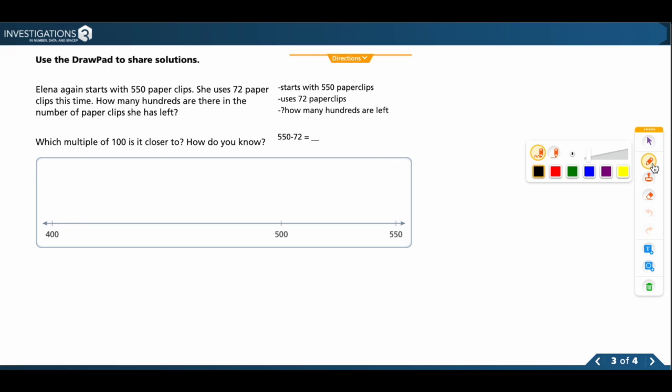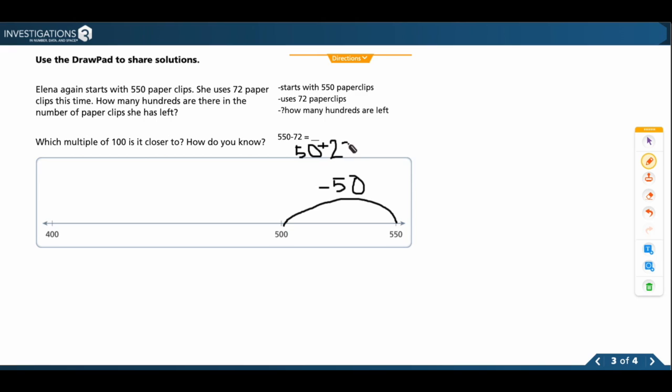So I know that I can take away first 50 to get that friendly number, because I know that 50 plus 22 is equal to 72.